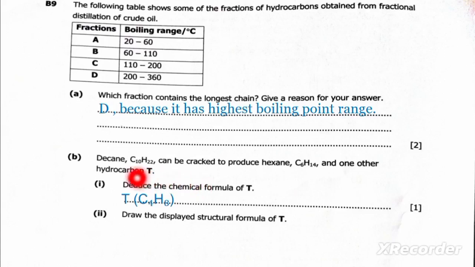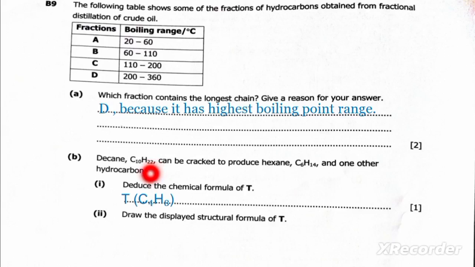We can see that the one that has been cracked, remember, I said cracked means breaking down hydrocarbons. This one has 10 atoms of carbon and here we have 6 atoms of carbon. So we can see that 4 atoms of carbon are missing.